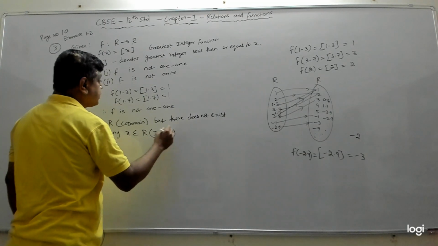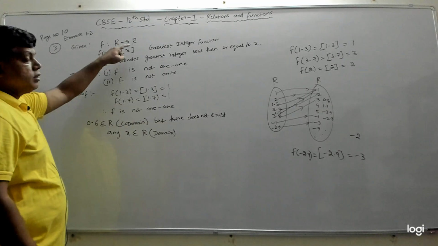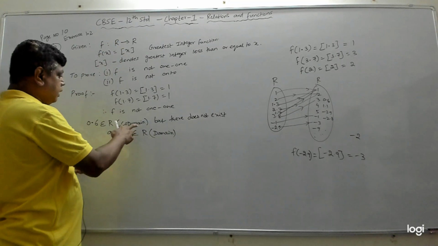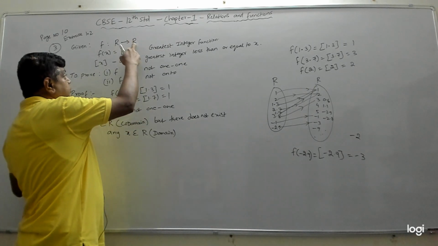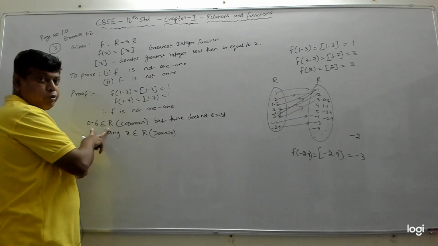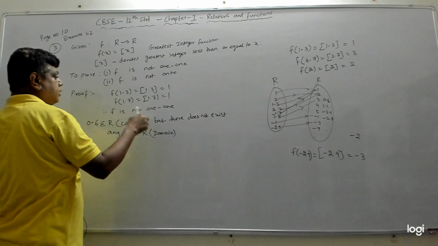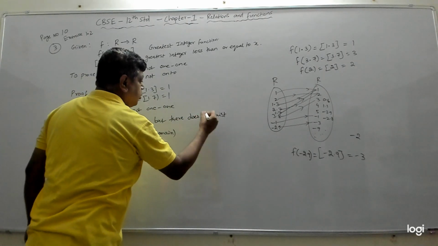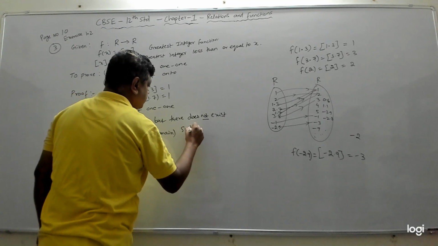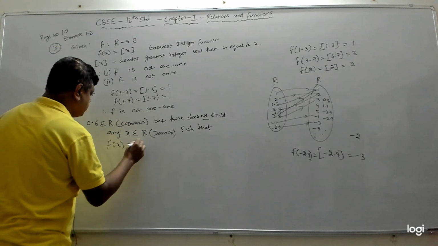See, when both these sets are different, then we do not say domain and codomain, because when we write R, we know which set we represent. When these two are the same, then it's better to say from which R we are taking, whether from codomain or from domain. So always, to prove or disprove that it is onto, we'll take an element from the codomain, and we say that we are not able to find any x in R such that f of x will give me 0.6.